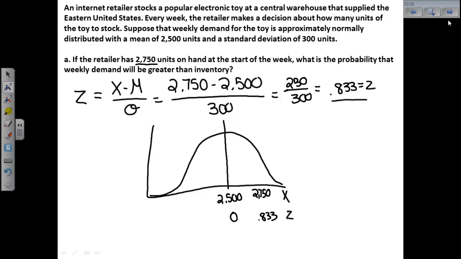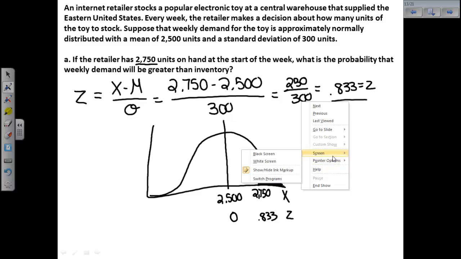We want to know, what is the probability that weekly demand will be greater than the inventory? So more than what we have. That is a tail. So we need to go find the proportion in the tail for a Z-score of 0.833.